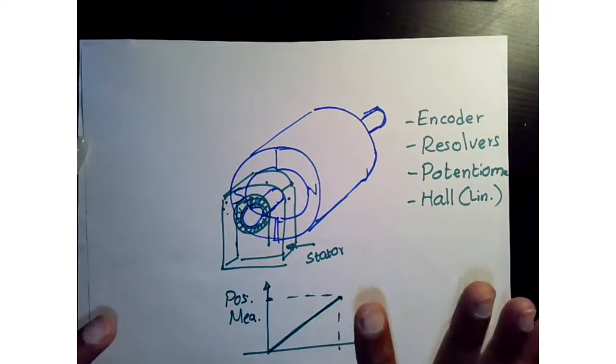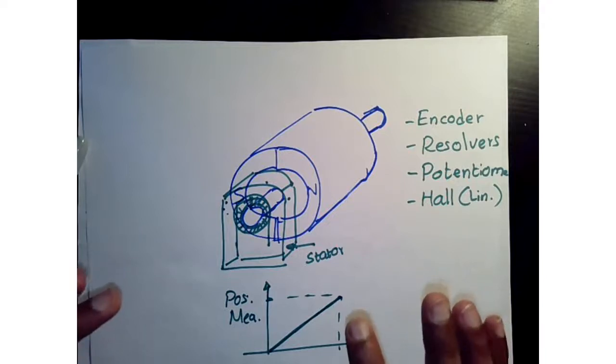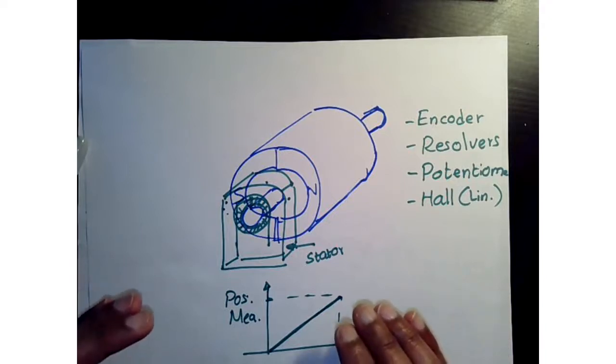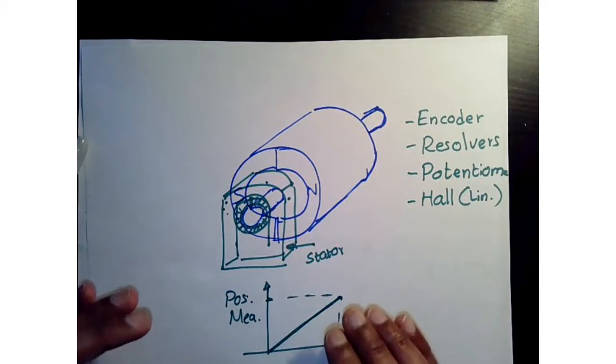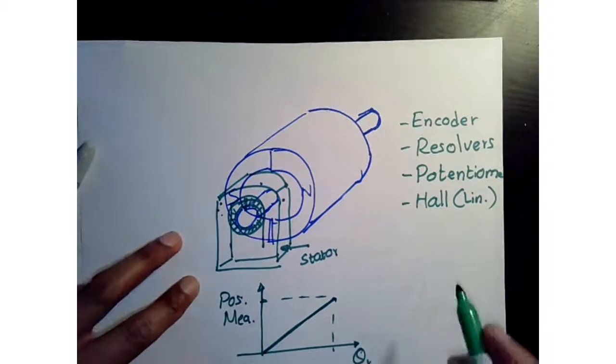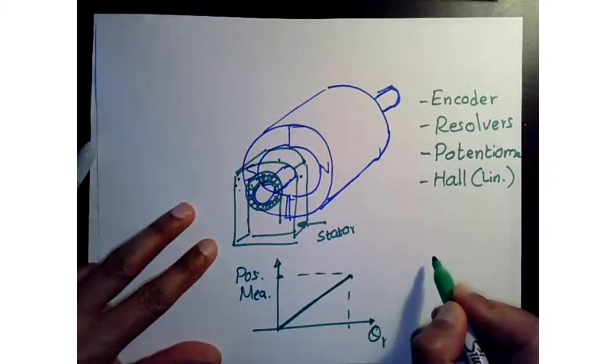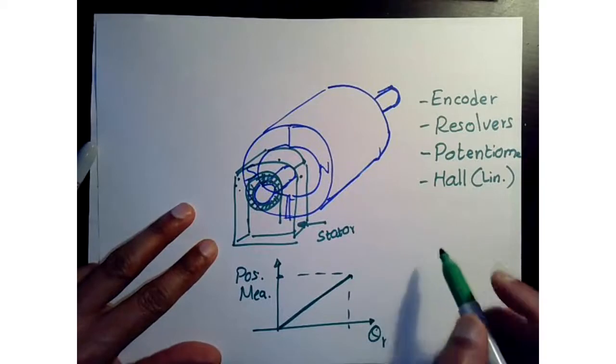Now, without complicating things a lot more, there are some important concepts related to the position sensor that I want to talk about. When you look at a position sensor, that sensor has a zero. Let me go to a different piece of paper.